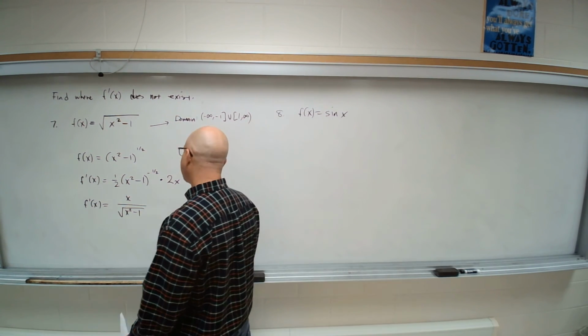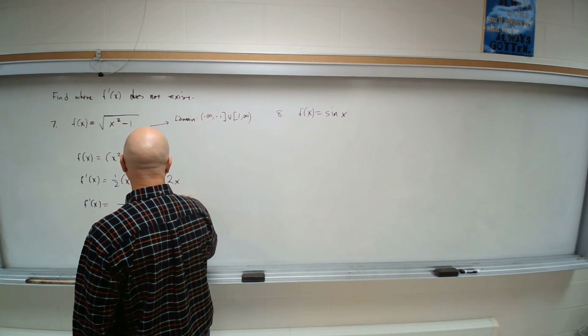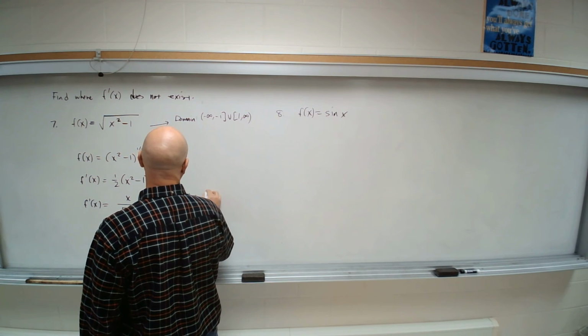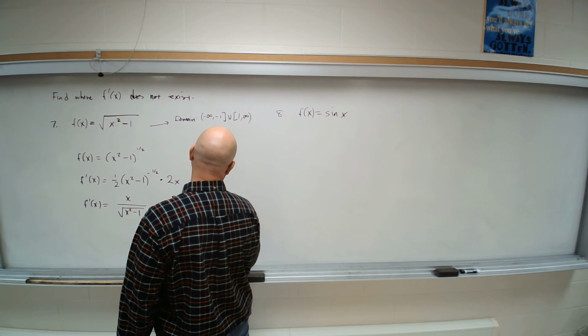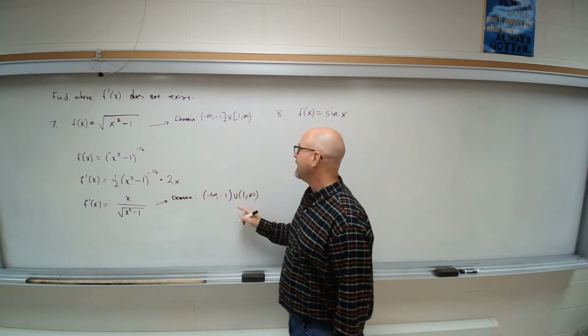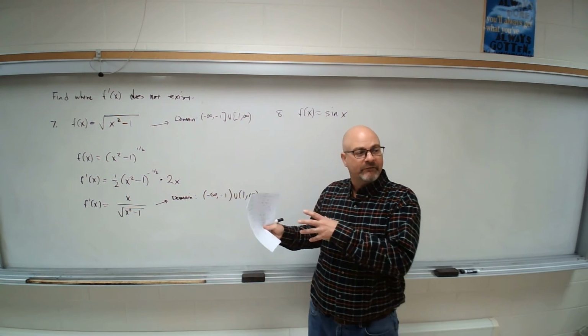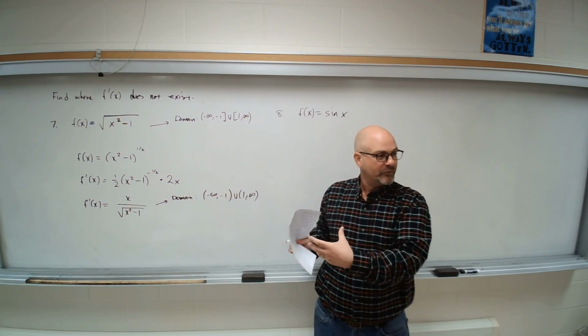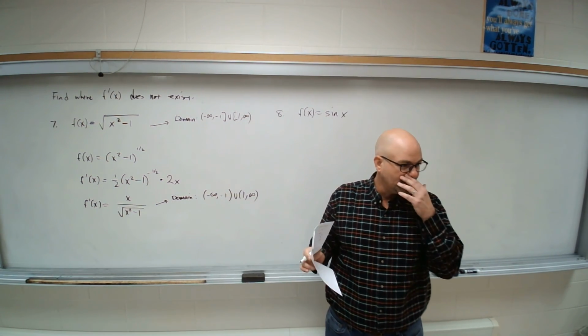So we could say that this domain would be negative infinity to negative 1, union 1 to infinity. We just went from a half-closed interval to an open interval. It's just those 2 points that goofed up.